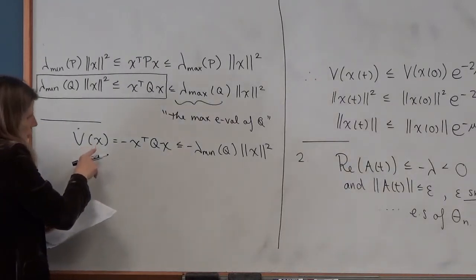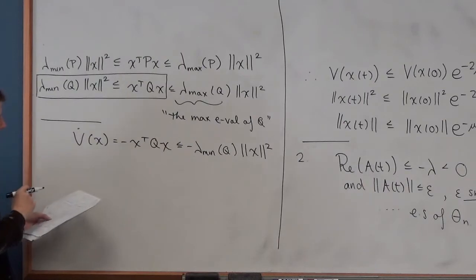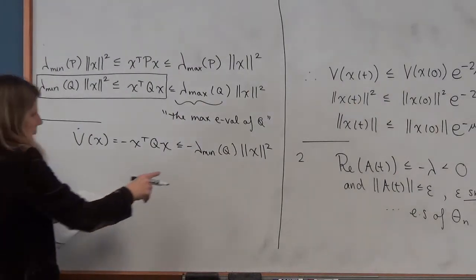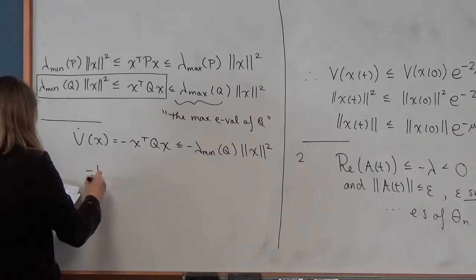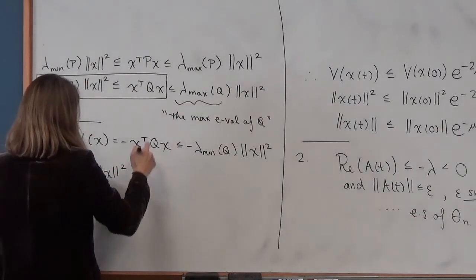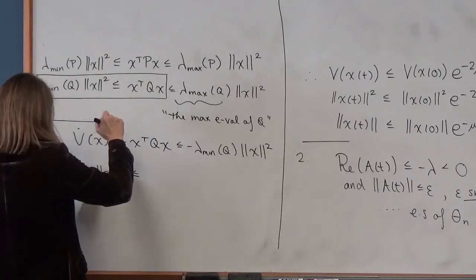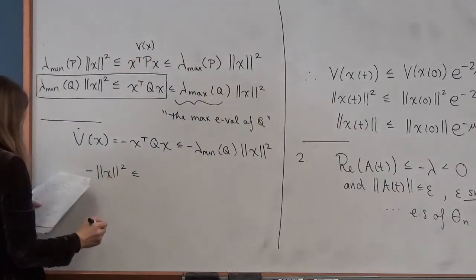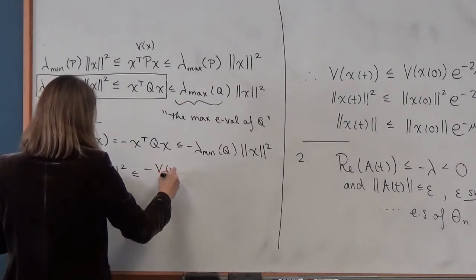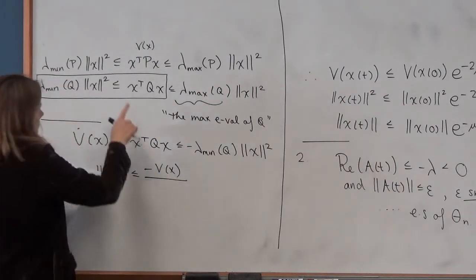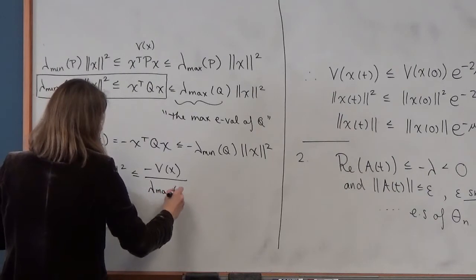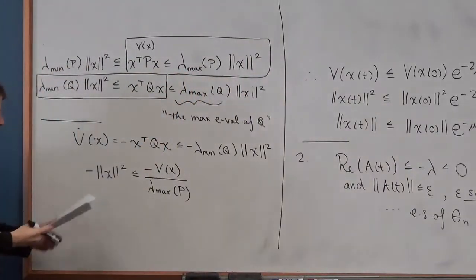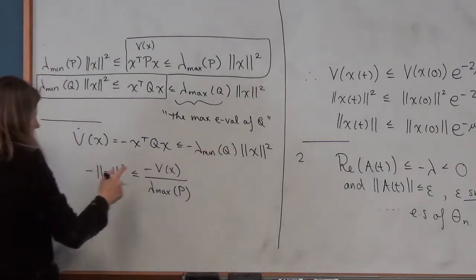Going back to where I was before, I want to get a differential inequality in terms of V dot and V, but I still want to maintain that bound. So I'm going to replace negative norm x squared. I know that negative norm x squared is less than or equal to, let's be careful here, negative V of x over lambda max of P. Now I'm using this inequality, and I can plug that in here and still maintain the bound.